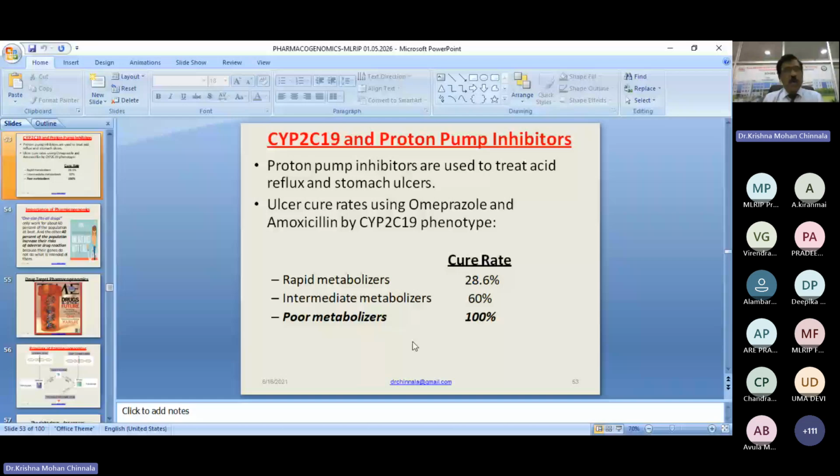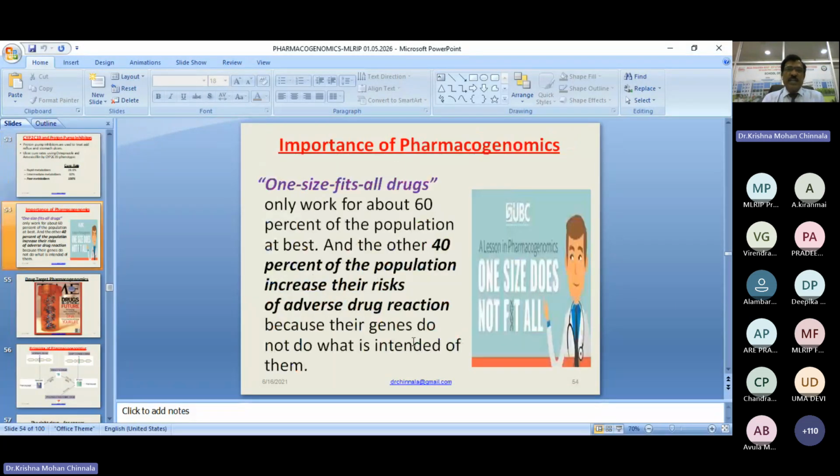Intermediate, or you can say normal metabolizers, 60% only. And poor metabolizers, 100%. So think about genetic variation also with this example. Intermediate metabolizers 60%. Maybe whatever the drug we are giving, those 60% have intermediate metabolism, and the remaining 40% may have rapid or poor metabolizers. It may be useful or harmful, we don't know.